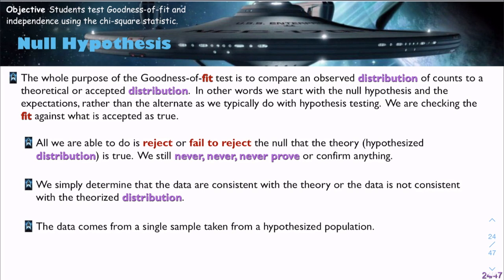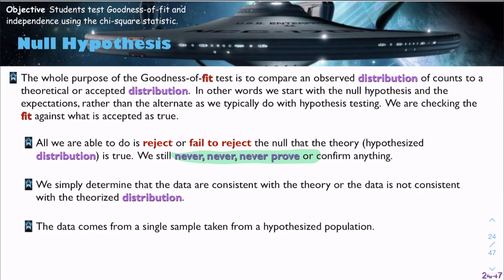In other words, we start with the null hypothesis and the expectations, rather than the alternate as we typically do with hypothesis testing. We are checking the fit against what is accepted as true. All we're able to do is reject or fail to reject the null that the theory, this hypothesized distribution, is true.